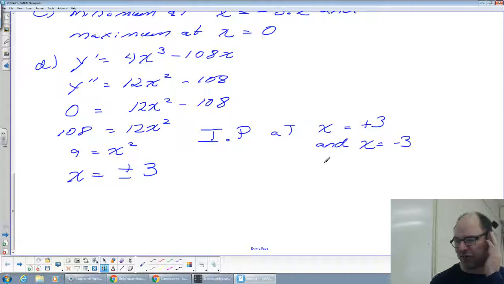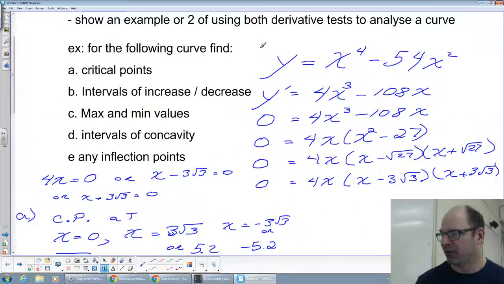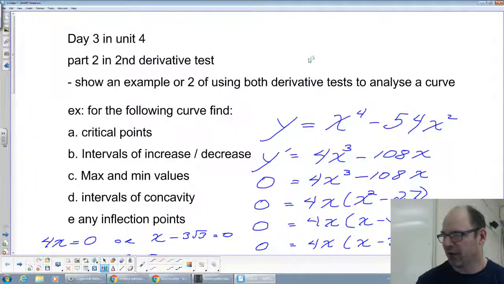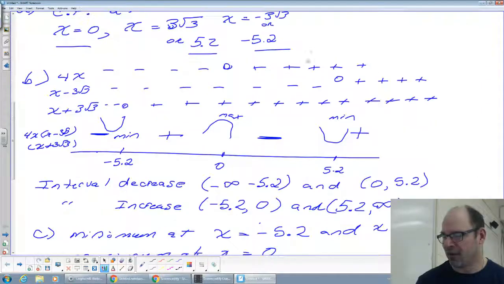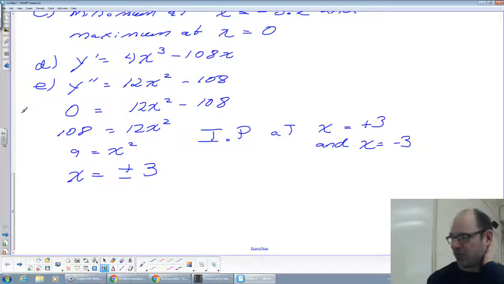We can find those points by plugging them back into the original if we wanted to graph and so on. If I want the specific points, I have to go back and plug our numbers in, which we might do. I did the inflection points first before D, so we'll do D and E together here. Those are the inflection points.